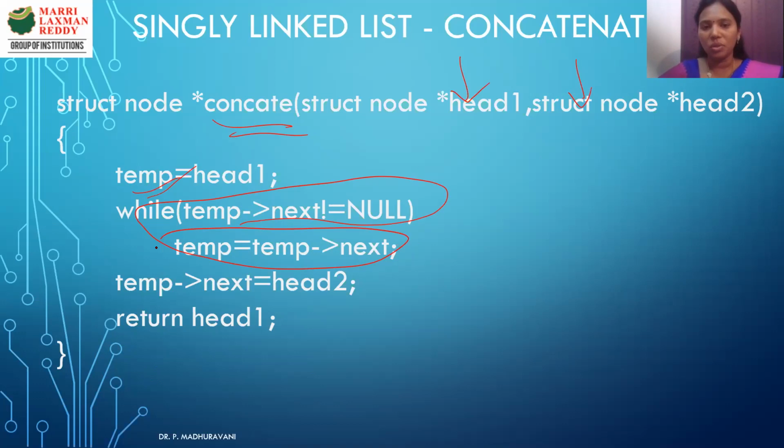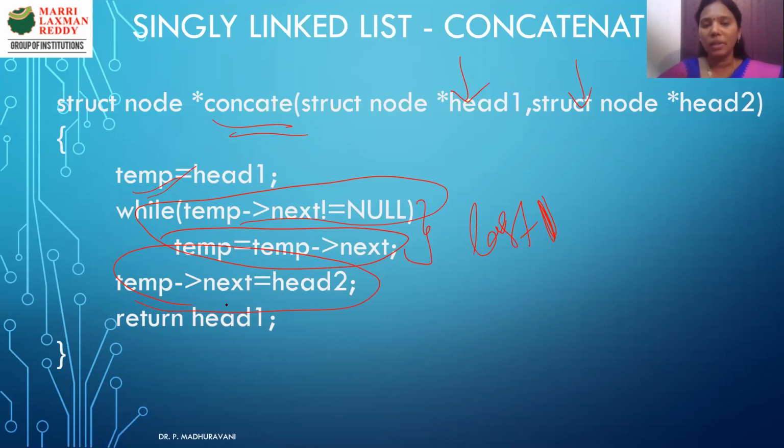Now we are at the position of the last node of list 1. So after executing this while loop, you will reach the end of list 1, which is last 1. Just give a link between last 1 and head 2. That is done simply by this assignment, temp arrow next equal to head 2, which gives a link between the last node of list 1 and the first node of list 2.